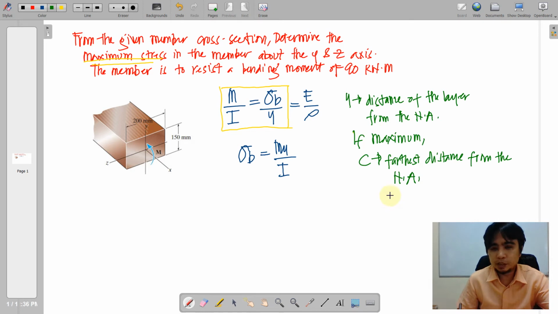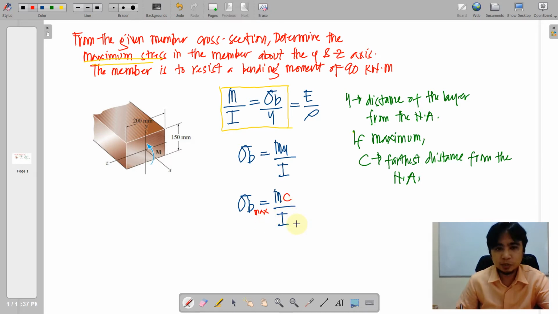Hence our formula becomes flexural stress maximum is equal to Mc over I.